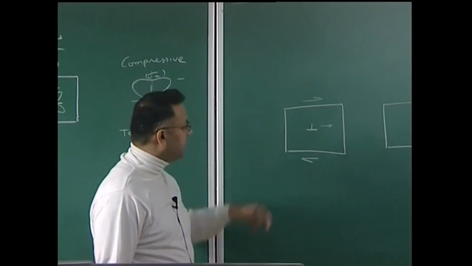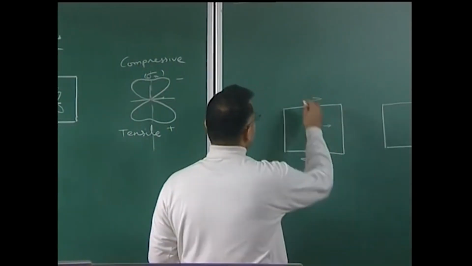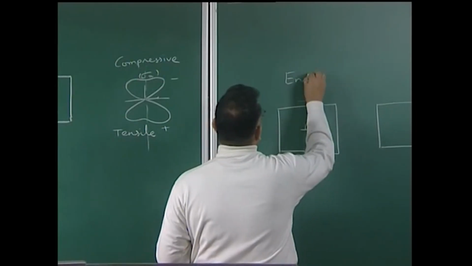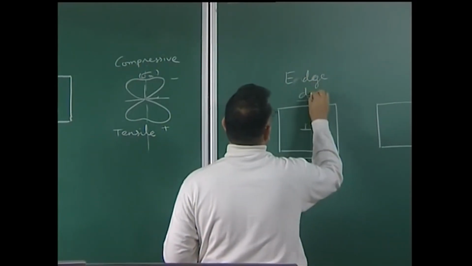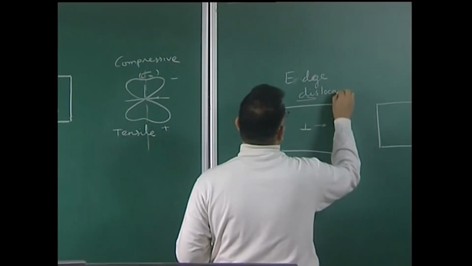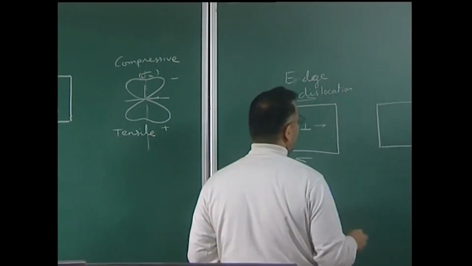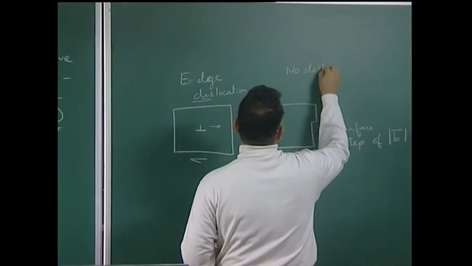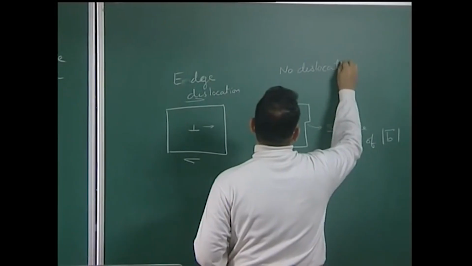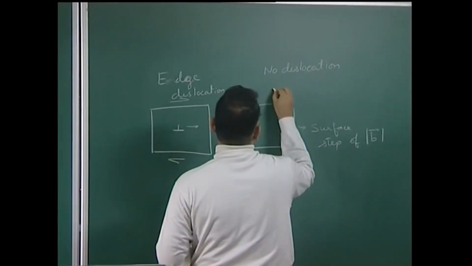In other words, in this clear cut example, you can see that this is now an edge dislocation, and here there is no dislocation, but only a surface step.